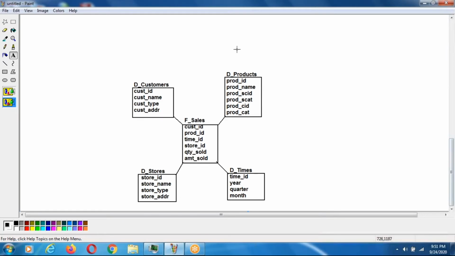Now I'll take the same structure we represented as star schema and convert it into a snowflake.